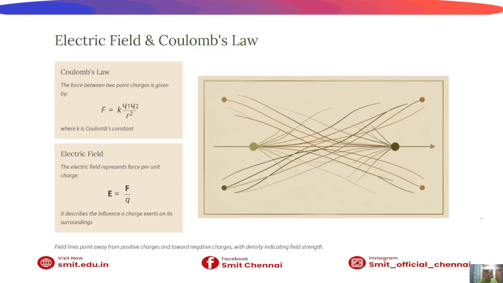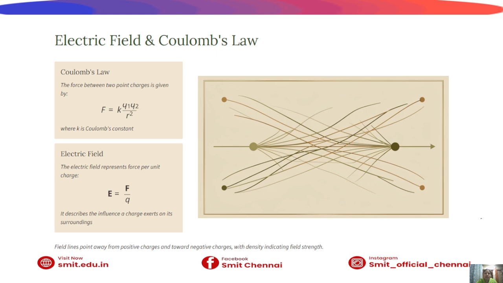Next, we see about the electric field and Coulomb's law. According to Coulomb's law, the force between two stationary point charges is directly proportional to the product of the magnitude of the charges and inversely proportional to the square of the distance between them. This force acts along the line joining the two charges and may be either attractive or repulsive depending on the nature of the charges.